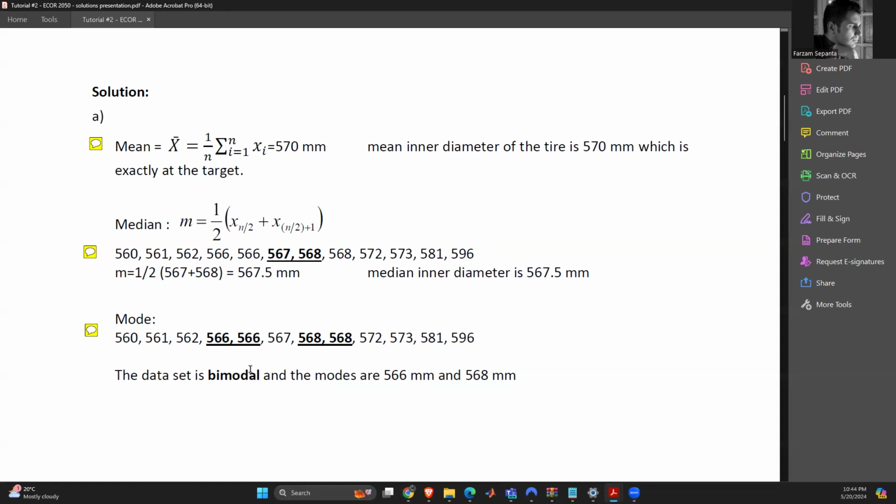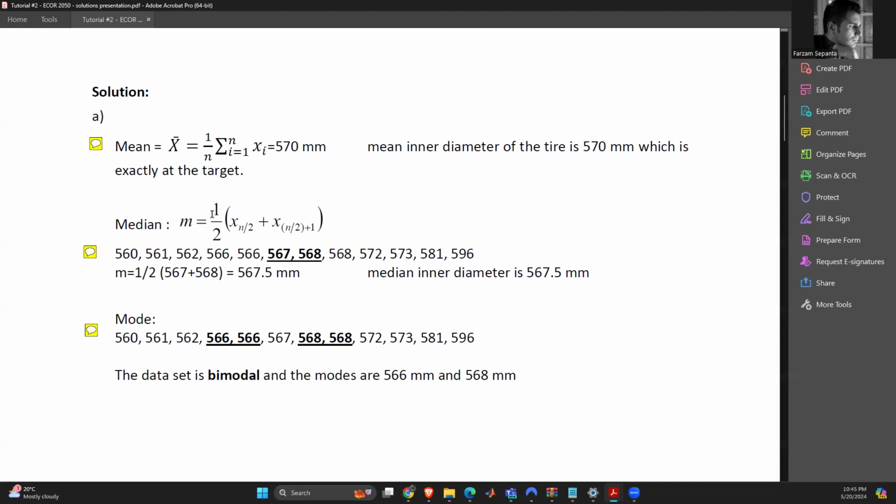Then you start looking at the number that appears most frequently in your data set. In our case, once we arrange everything, it's easier to see what's happening. So we have two 566 and two 568. So you technically have two modes, and that's what we call a bimodal data set. And that's technically how you find the mode.